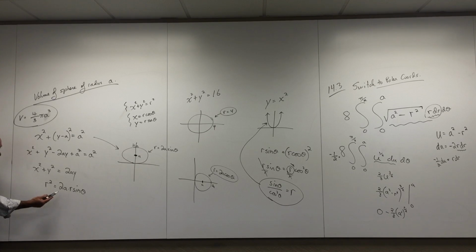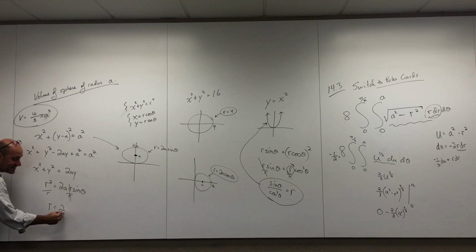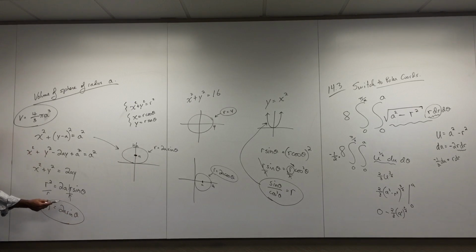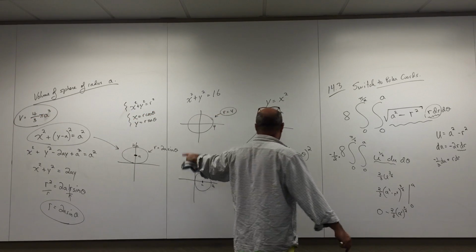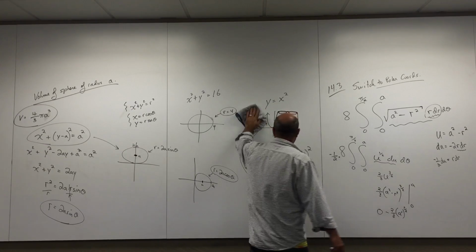The easiest way to solve for r is divide by an r right here. It cancels and it gives you one r over here. So r equals 2a sine theta. Cool, you're convinced. That's a circle, radius a, centered up at (0, a), which is what this was. Anyway, we need these equations, these ideas about circles and how to convert back and forth.